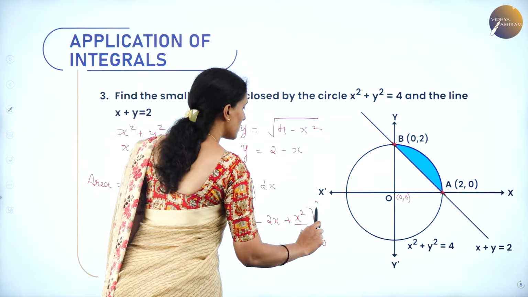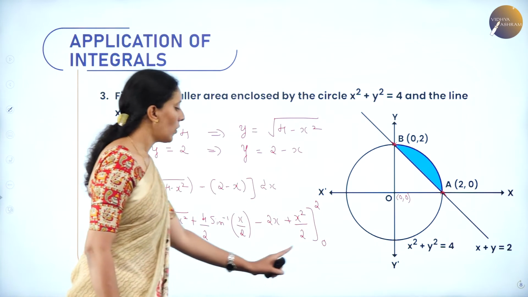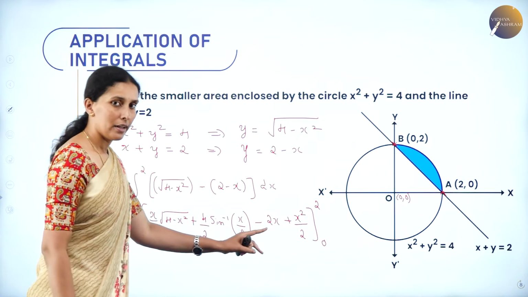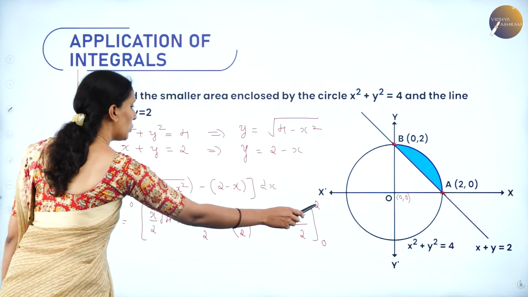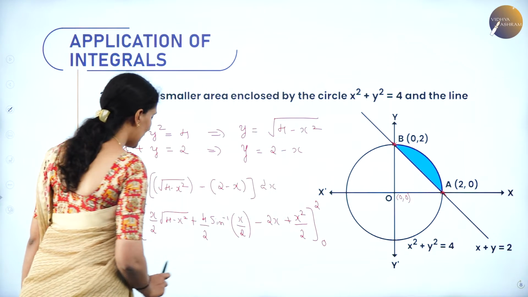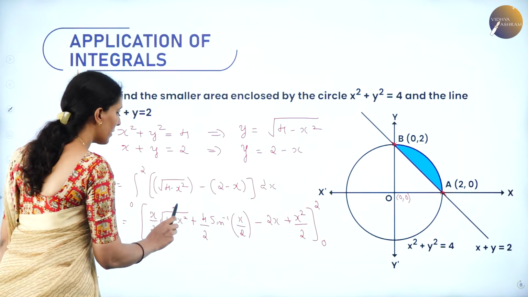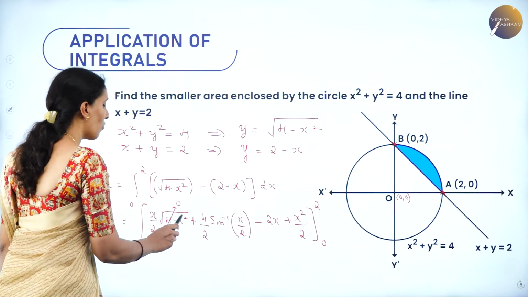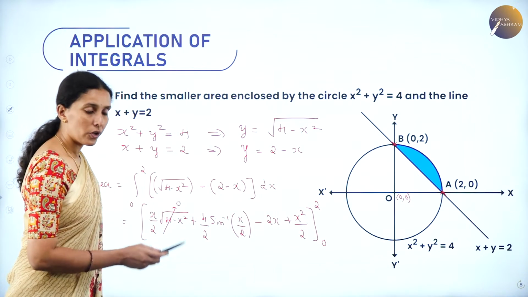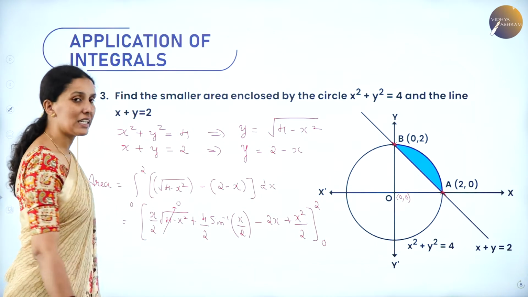Apply the integral from 0 to 2. Since the lower limit is 0, we can neglect it. Just apply the upper limit. Now if you put 2 in the place of x, clearly you see the first term becomes 0, because x square becomes 2 square, 4 minus 4 is 0, root 0 is 0, and 0 into anything is 0.